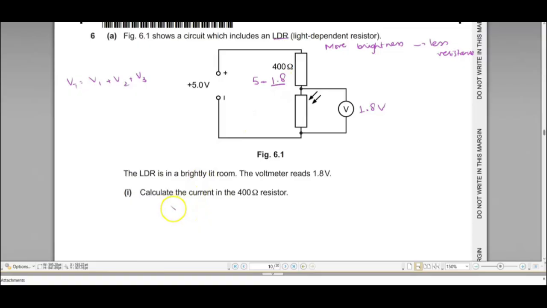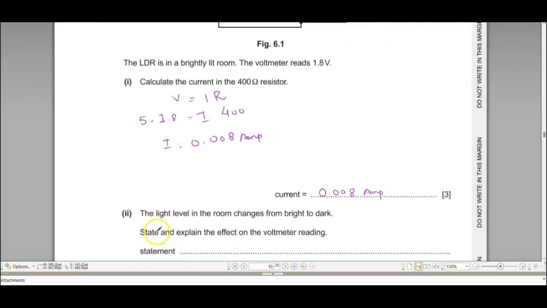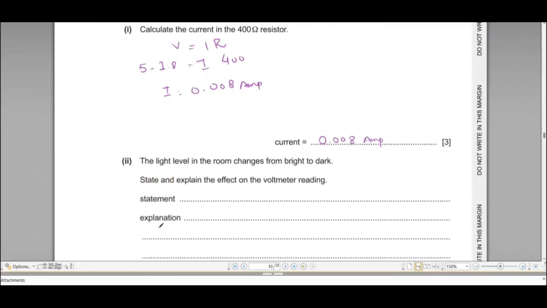Okay, so we are going to calculate our current with the formula V is equal to IR. So V for this resistor is going to be 5 minus 1.8 is equal to I times R, and R is 400 ohms. So this is going to give us a current of 0.008 amperes.